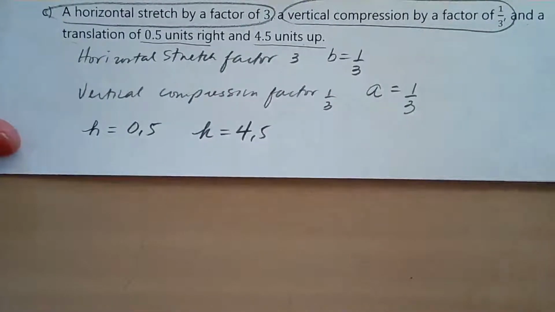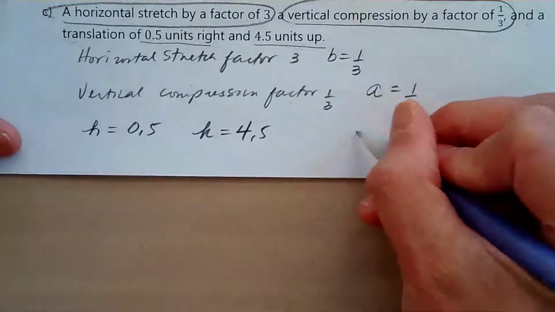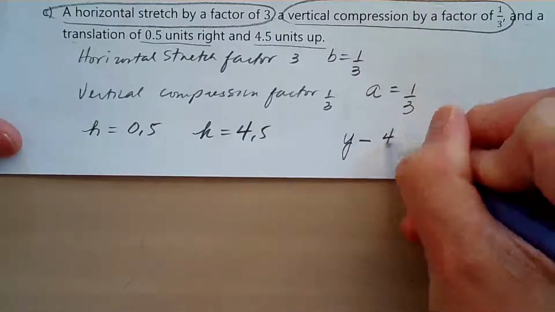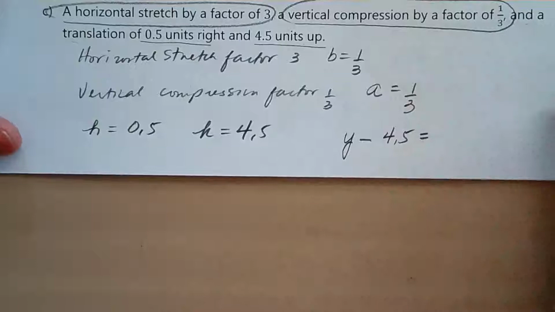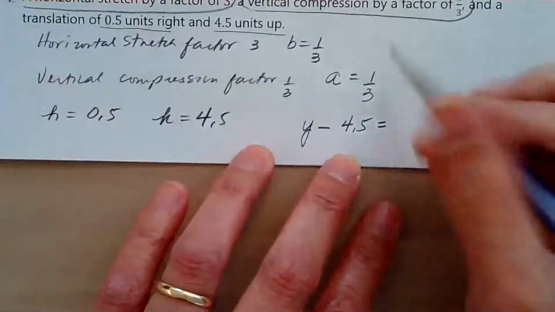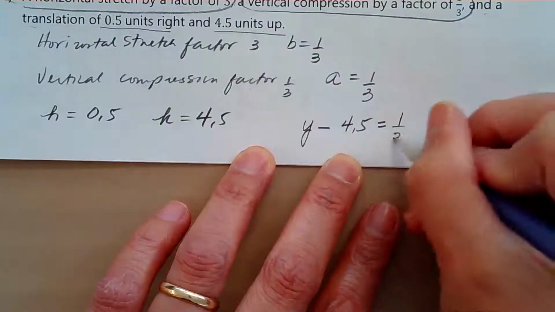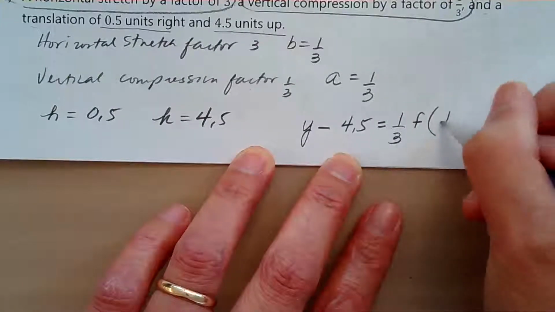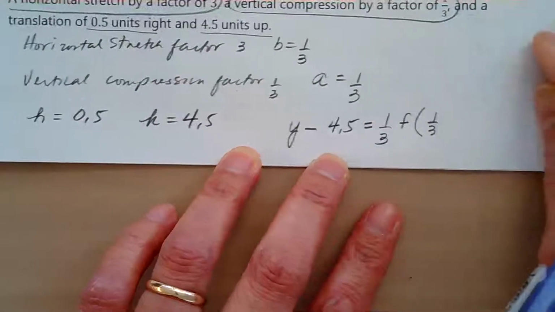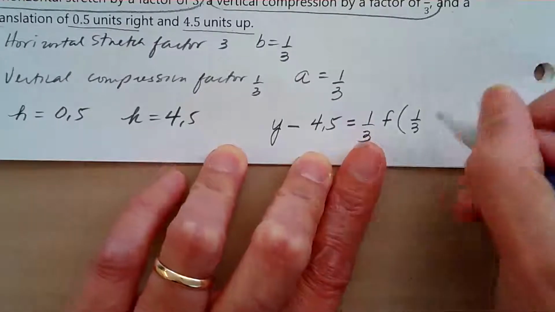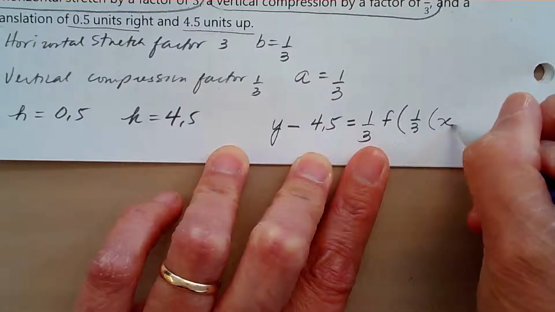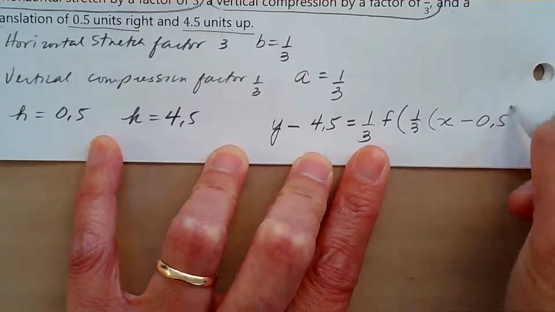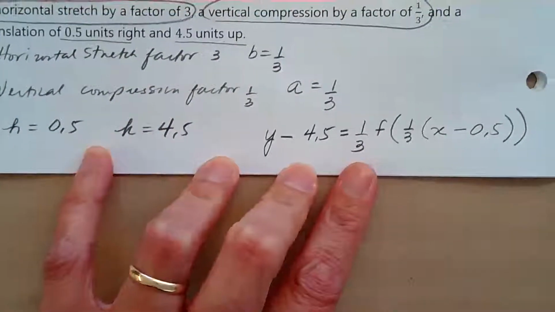Okay. So what's the equation? y minus positive 4.5 equals 1/3 times f of 1/3 x minus 0.5 in brackets.